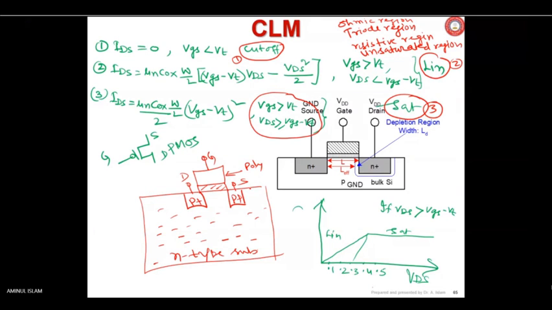If you apply negative voltage, you are depositing negative charges here, and initially it will be repelling the electrons which are there as majority carriers in N-type material.